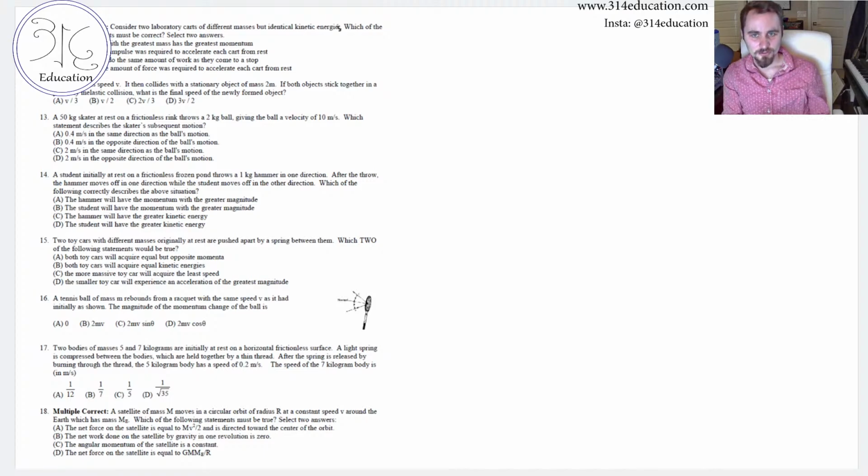D: The same amount of force was required to accelerate each cart from rest. Oh, that's kind of tricky. Yes, because our force is going to be... as we change our masses, they're going to accelerate differently, but this is going to push them up to the same kinetic energies.